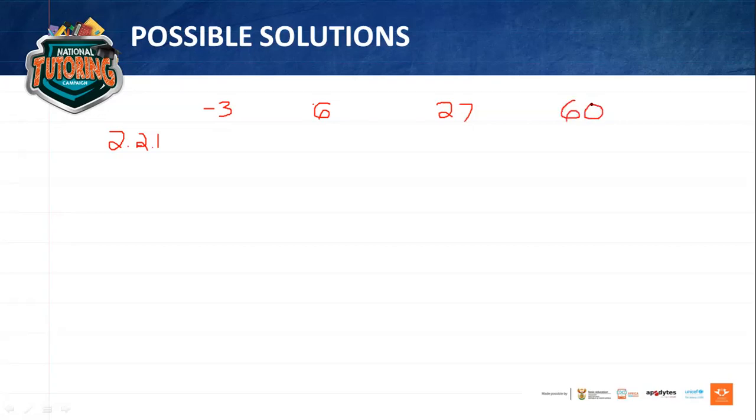So guys, I think you remember when we are working with a quadratic number pattern, we have a standard way to solve it. The first thing, we get the first difference, which is this term subtracted by that other term. So when you say 6 subtract minus 3, you get 3. Then you come here, you say 6 subtract minus 3, you get 9. Then you say 27 subtract 6, you get 21.